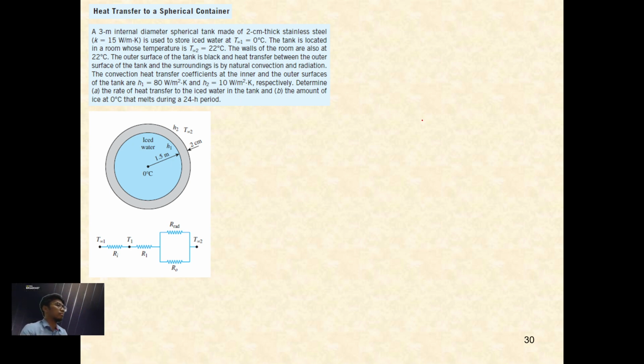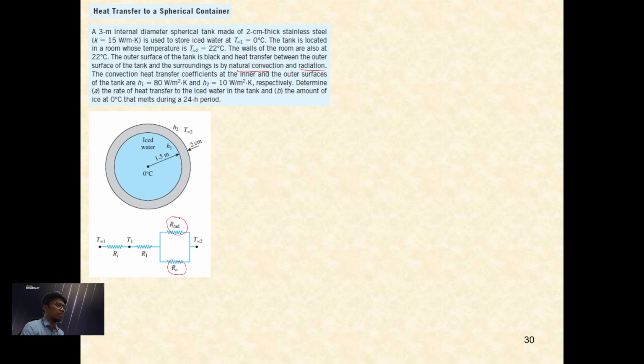Okay, be realistic with natural convection from the outside and the radiation from the outside, which means there is radiation outside here. Like this, radiation. Remember what we learned before?